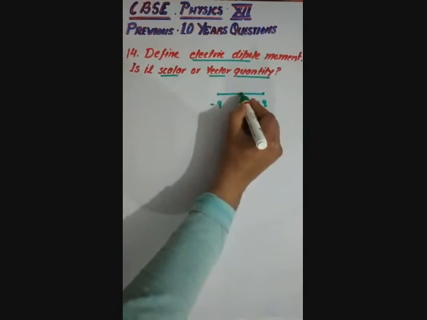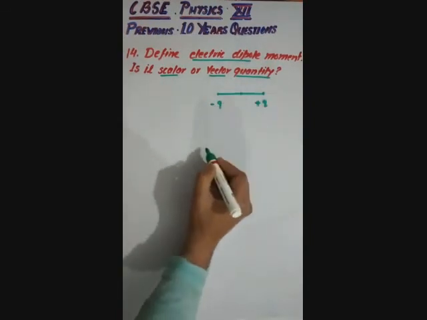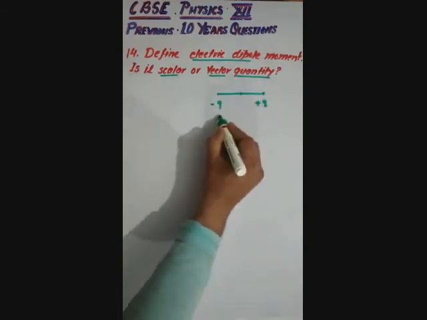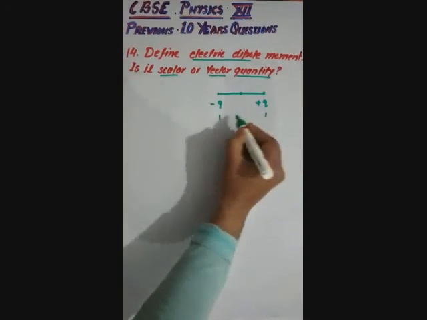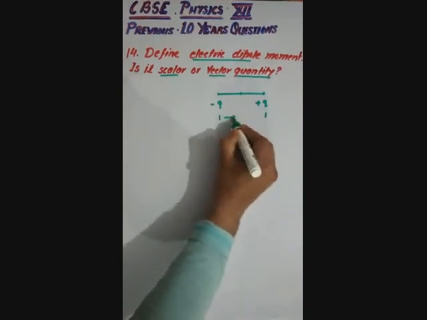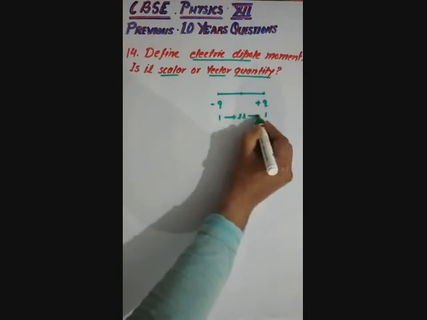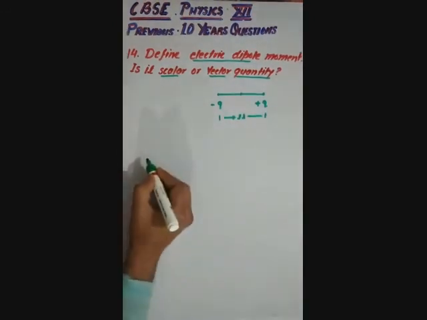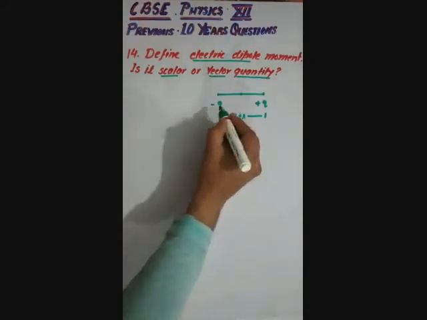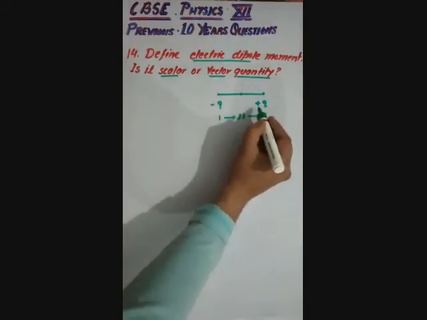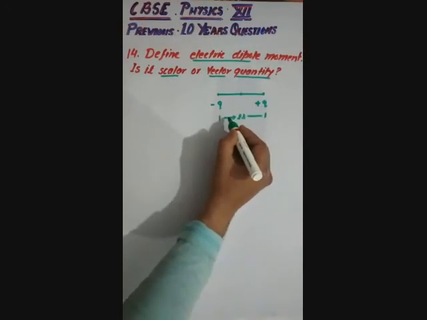This is the center point, and the distance between these two charges is 2l. These charges have the same magnitude and a fixed distance.